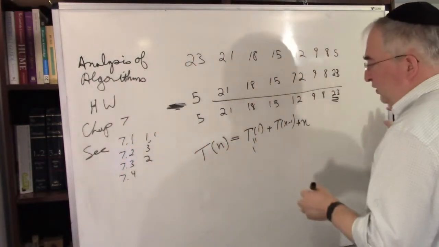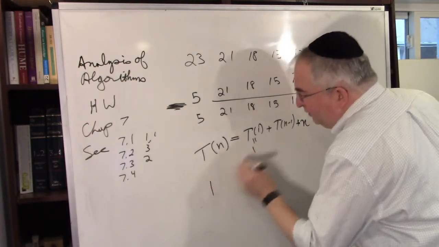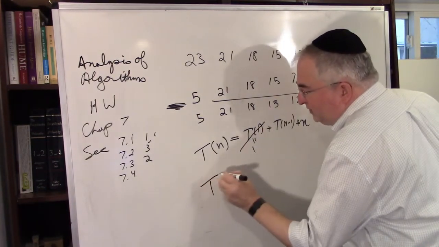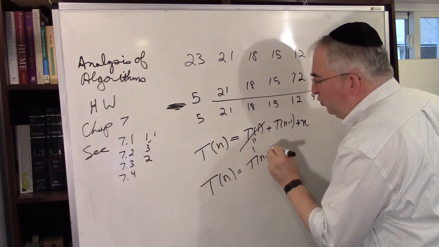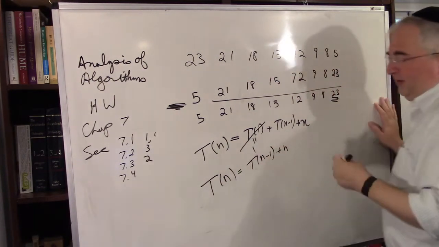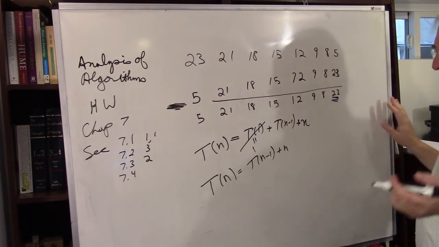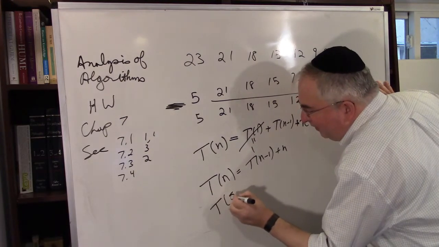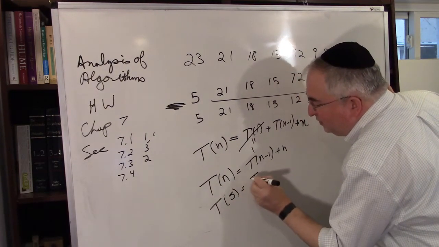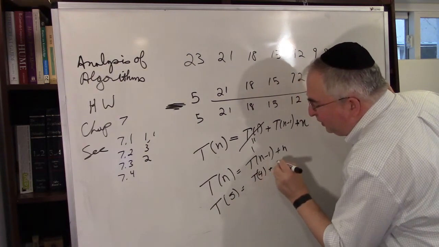Okay, so let's do this. Forget about that. So basically T of n is equal to T of n minus 1 plus n. Now let's just plug in 5 here. T of 5 is equal to T of 4 plus 5.